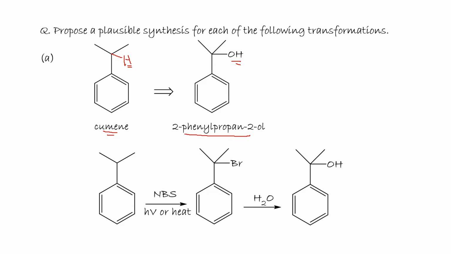To do that, first step, treat cumene with N-bromosuccinimide to get the benzylic carbon brominated with Br. Then SN1 reaction to exchange Br with OH by treating this compound with water to furnish 2-phenylpropan-2-ol.